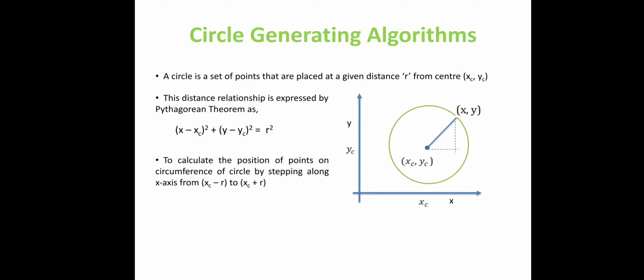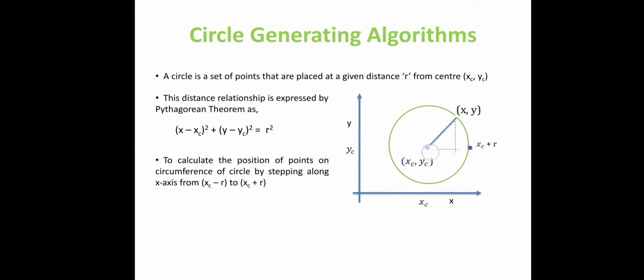To calculate the position of a point on the circumference of a circle by stepping along the x axis, whenever I want to find that point, we are stepping the x coordinate. So how much is the x coordinate moved for this point?